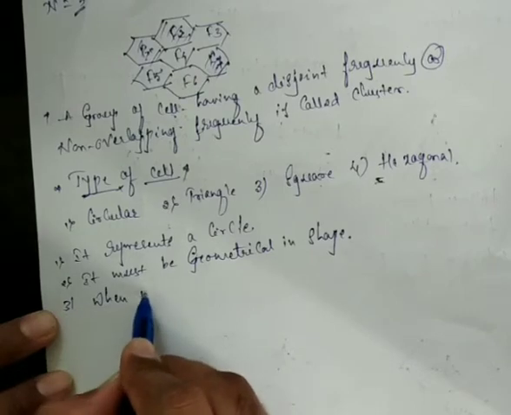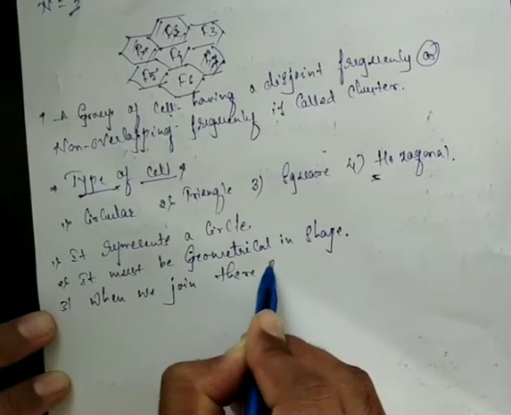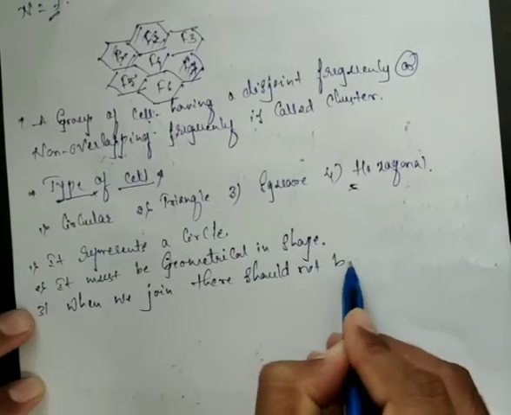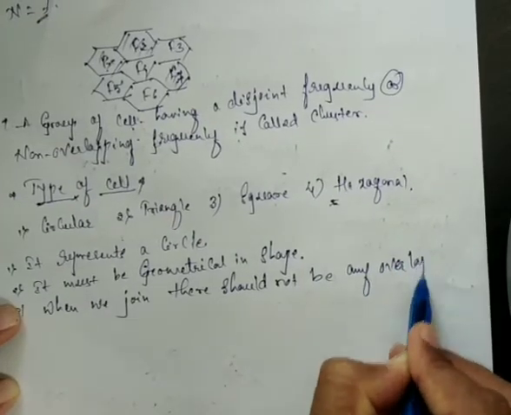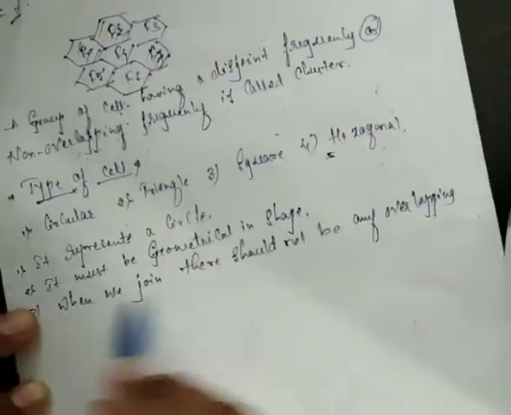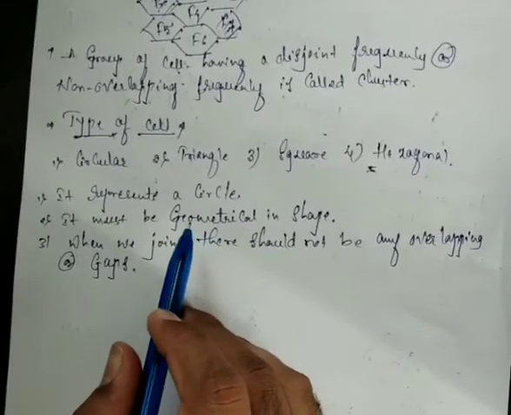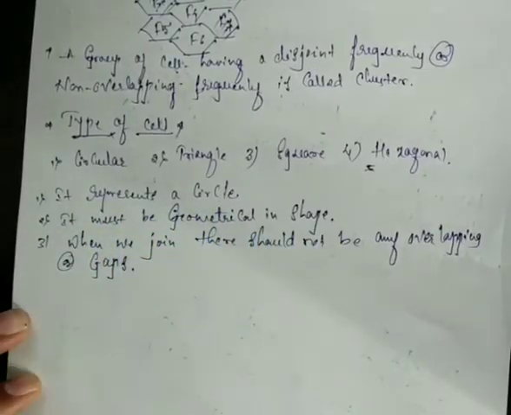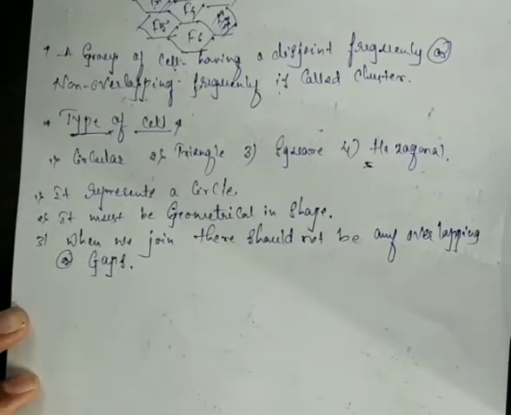When we join, there should not be any overlapping or gaps. It has to satisfy all these three concepts: it represents a circle, it must be geometrical in shape, and when we join, there should not be any overlapping or any gaps.